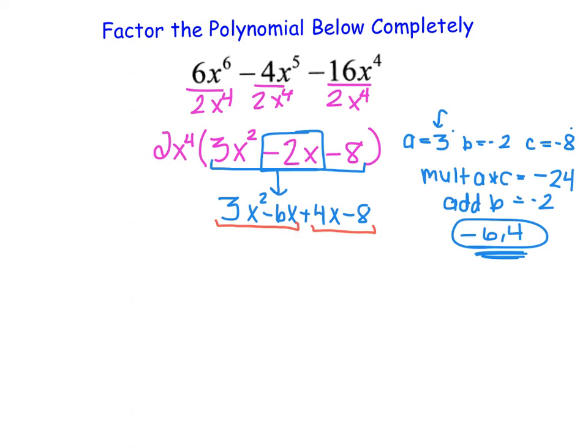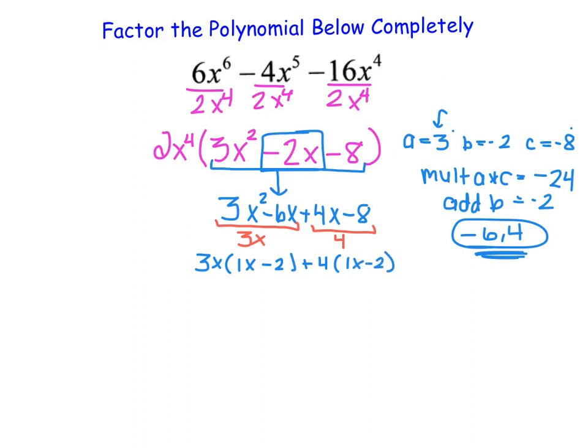The greatest common factor of 3x squared and negative 6x is a 3 and an x. So if we factor out a 3x here, we end up with 3x, and then we have 1x left on the inside minus 2. And then the greatest common factor of our second pair between 4x and negative 8 is 4. So we get plus 4 times, left in parentheses, is 1x minus 2.